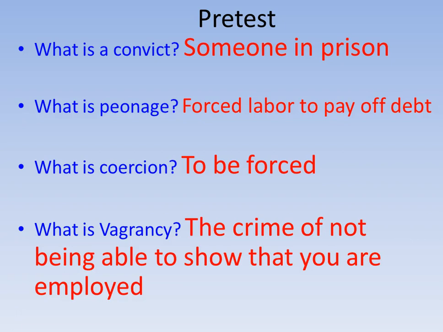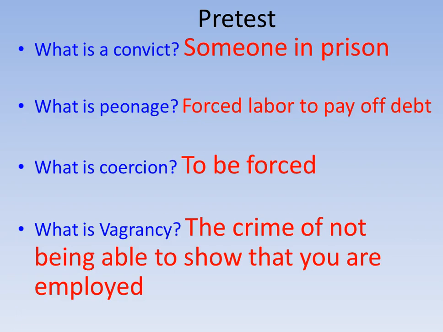And then lastly is vagrancy. Probably this and peonage are the toughest on this page. Vagrancy is the crime of not being able to show that you are employed. And this particular crime seems really, for lack of a better word, kind of dumb. Why would you have a crime where you can't show your working papers?